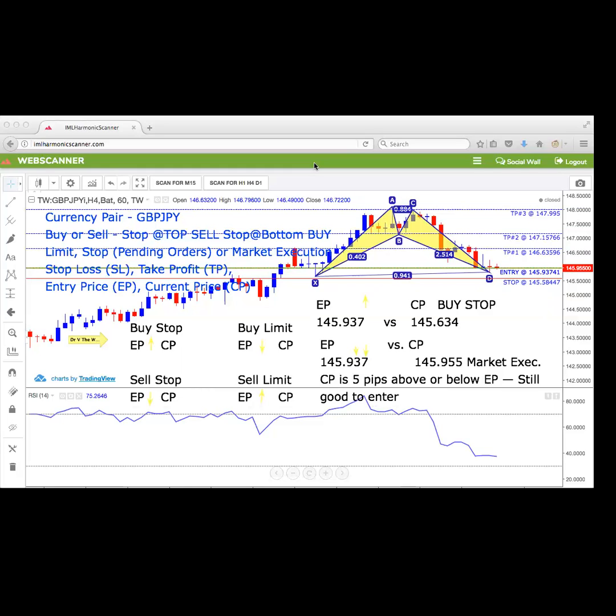Okay. So that's how you determine whether you're doing a pending order or a market execution, and whether it's a buy or a sell, whether it is a stop or a limit. That's how you determine that. And you also calculated pips, right?